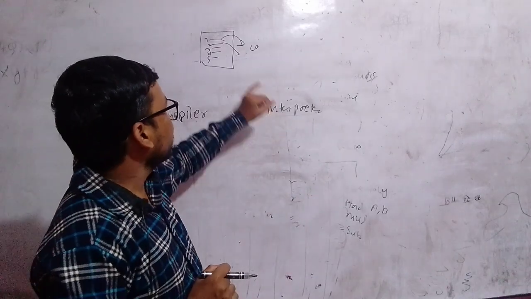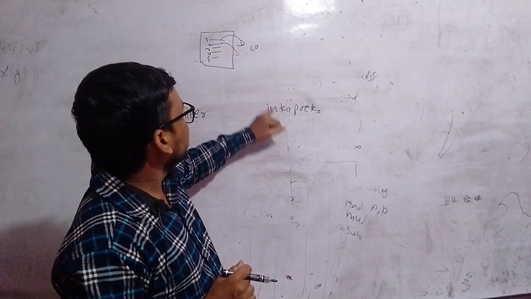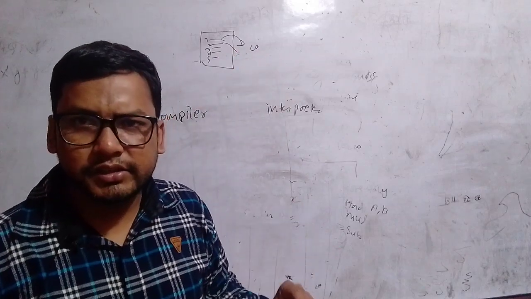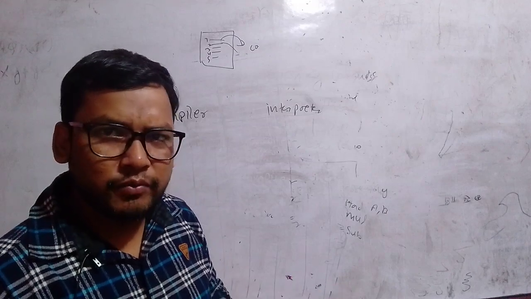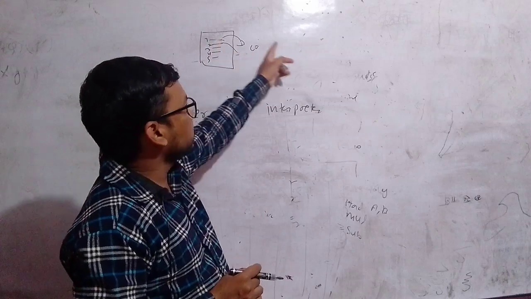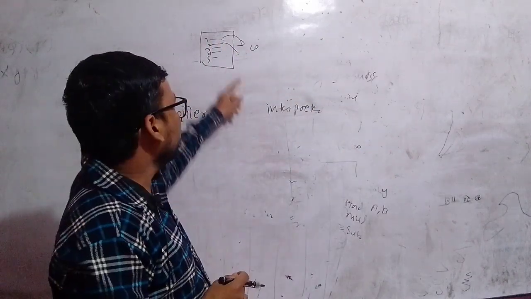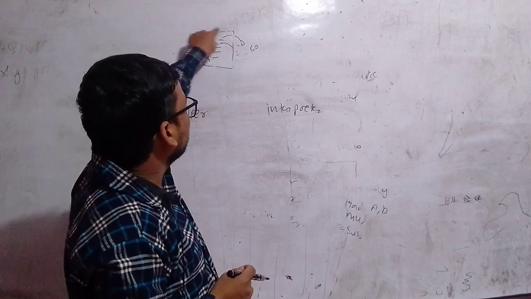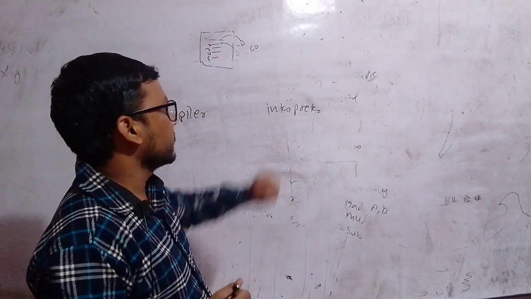But in the interpreter, the translation and the execution of the code go simultaneously. That means it translates the first line of code and executes it, then the second line of code and executes it. It does not wait for all lines of code to be converted into the machine level language.